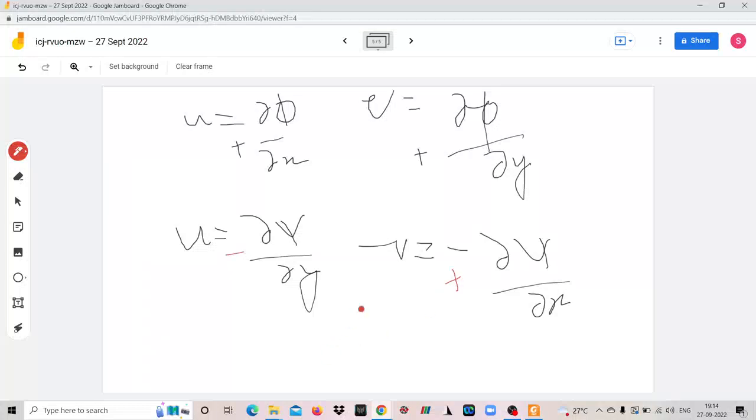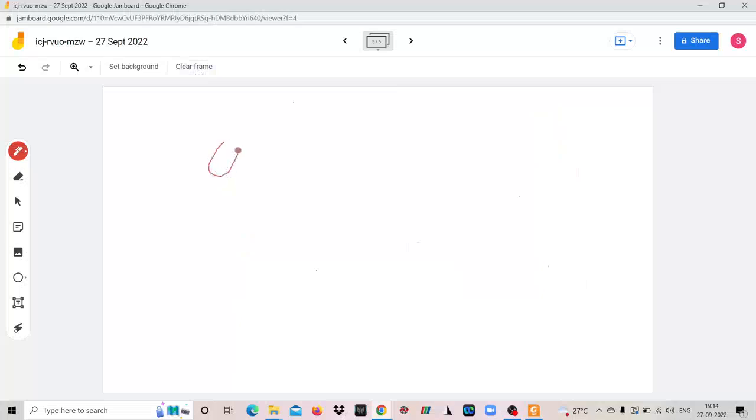So that is your wish, or whatever standard books you are referring to, that is fine. One important aspect related to phi and psi is, if phi exists, if the velocity potential function exists, then the flow is irrotational.